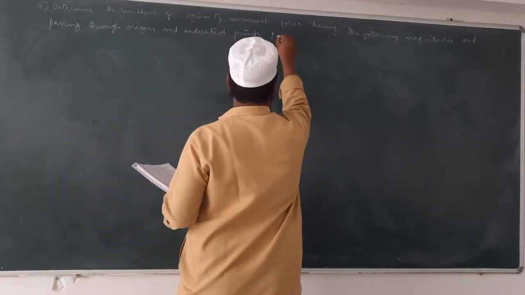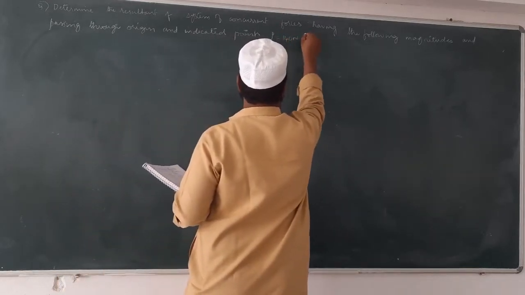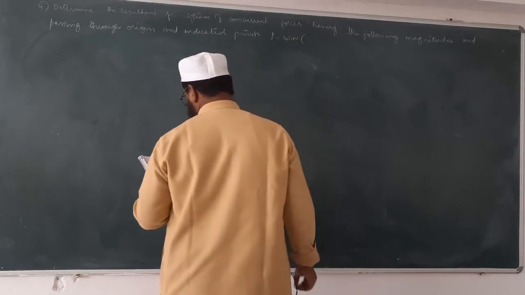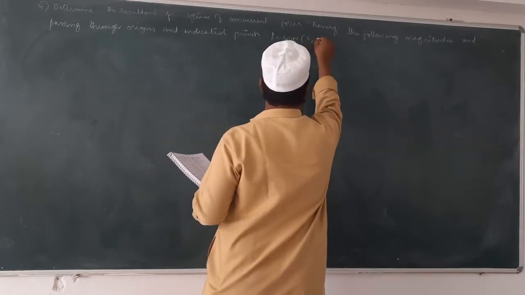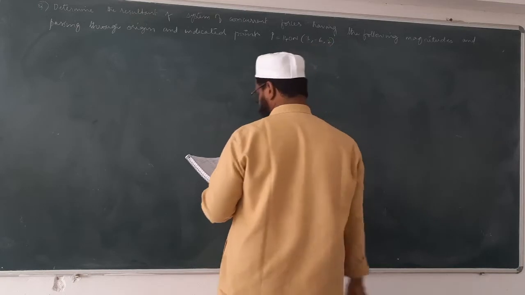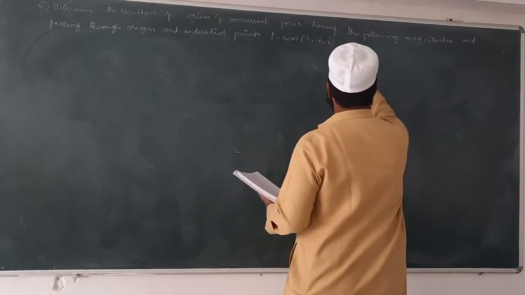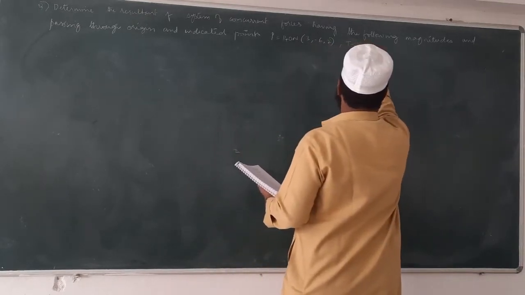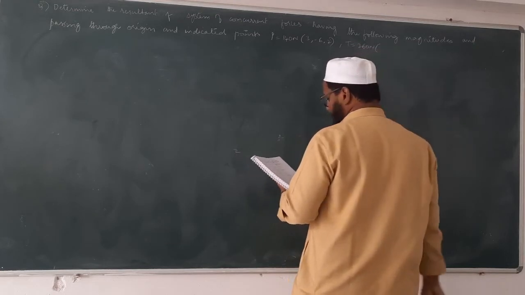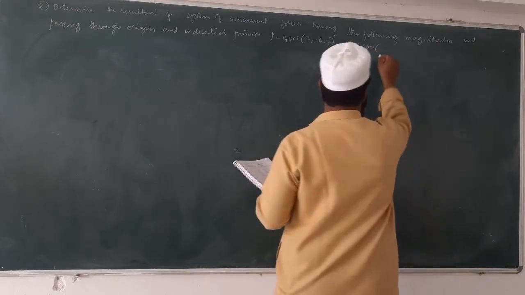P is equal to 140 Newton, 3 minus 6 2. T is equal to 260 Newton, minus 12, 4 minus 3.